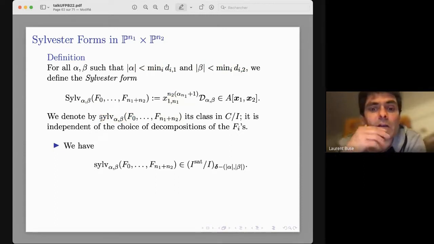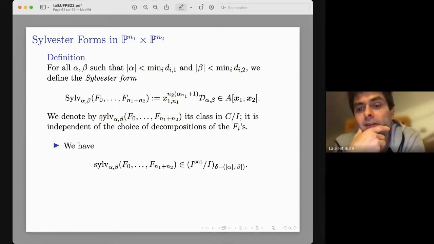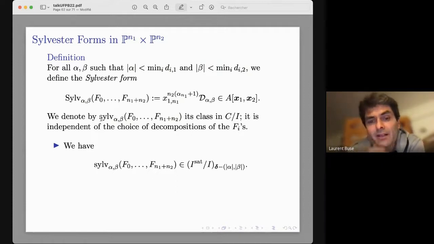Okay, so if you look from the definition at these elements, what you can observe is that all the Sylvester forms in bidegree alpha beta, first, have degree delta minus this bidegree alpha beta, and moreover they belong to I sat. This is not difficult at all to prove.